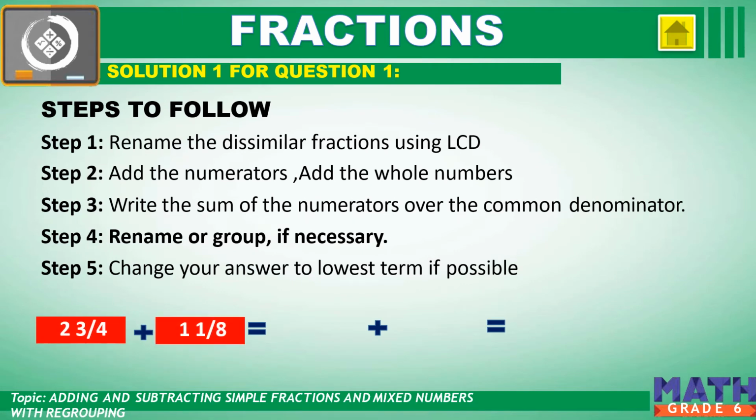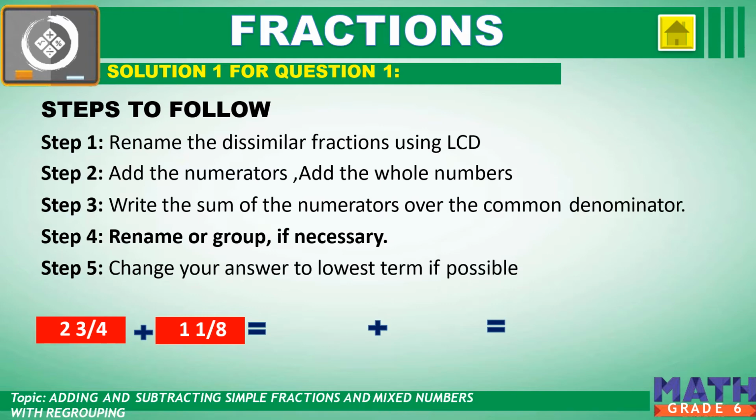In this case, we have 2 and 3/4 and 1 and 1/8. So what is the LCD? Of course, if we get the multiples of 4 and 8, the LCD is equivalent to 8.